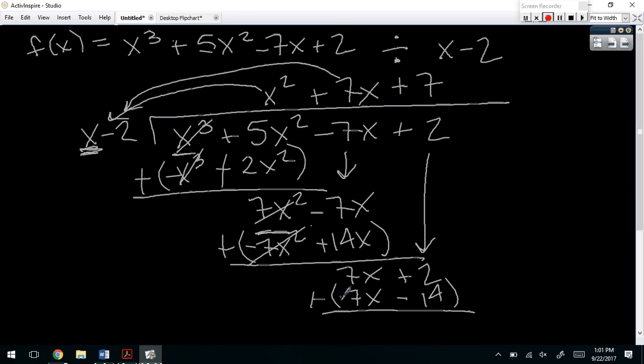Same, change, change. 16 is my remainder, right? The top of my fraction. So I do 16 divided by what? x minus 2.